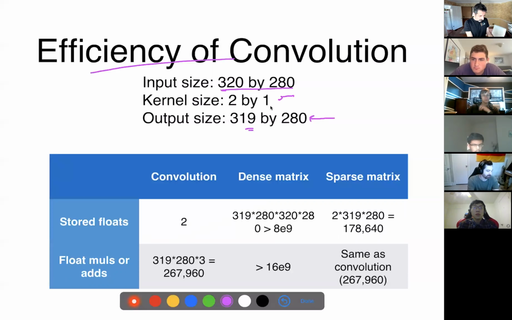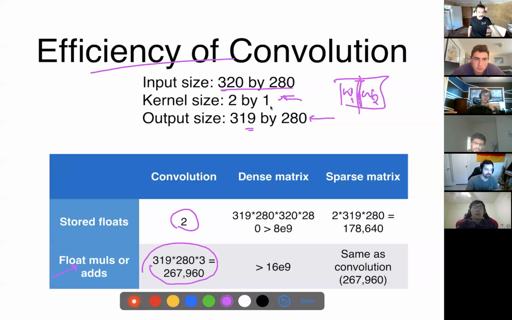So for convolution, how many things do you need to store? 2, because it's 2 by 1. You need to learn these weights: you have W1 and W2. You need 2, but for the densely connected network, you need this many.